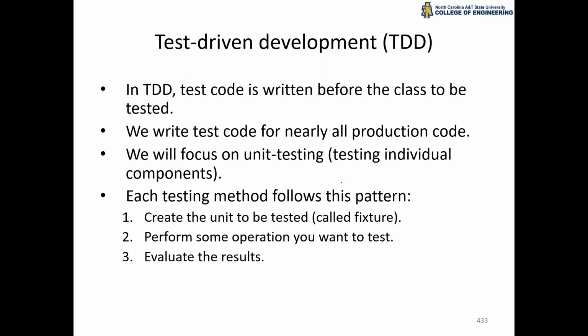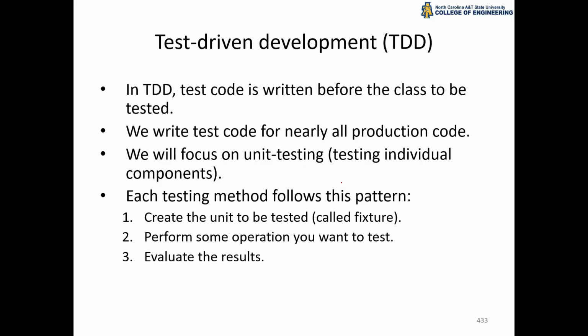So you create some kind of test code before the class to be tested. Pick the class that you want to test, create the instance of it, try to find the operation that you want to test using different values, and evaluate the results between the expected values and the real values. So you create the test code, or maybe a simple test class, that's fine, and then create the production code.